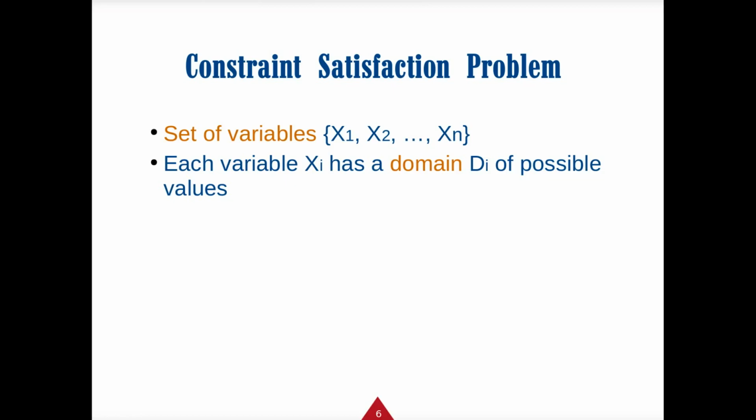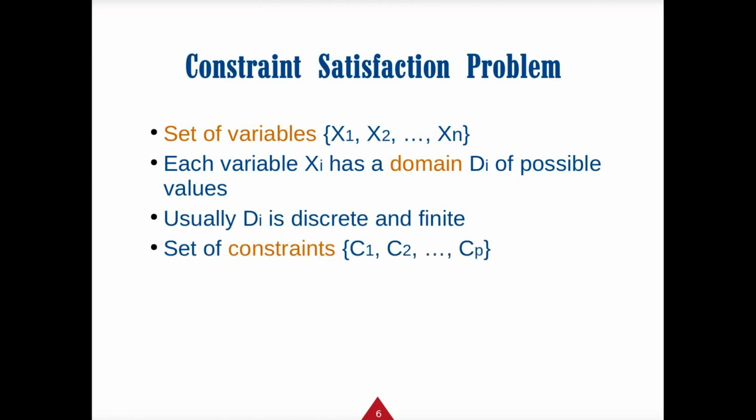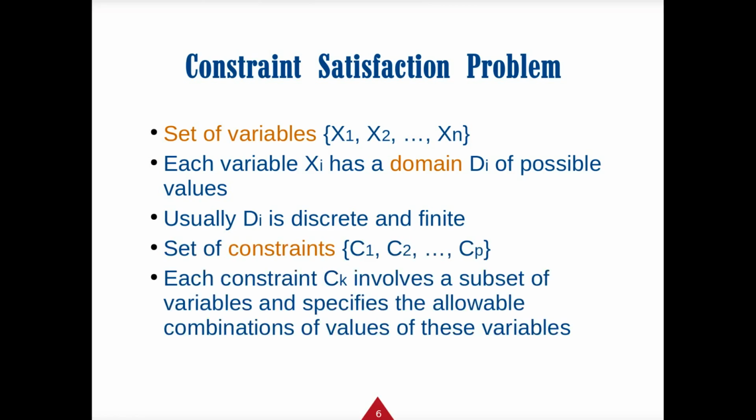So for the constraint satisfaction problem, we'll also call this CSP for the rest of it. You have your set of variables, and then each variable Xi has a domain Di of possible values. So you have values and then where you can possibly put them. And then usually the domain is discrete and finite, and then you also have a set of constraints.